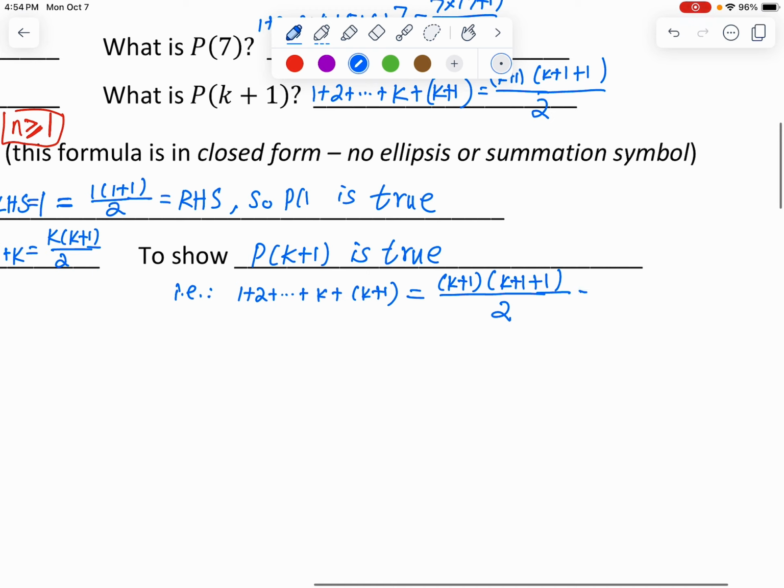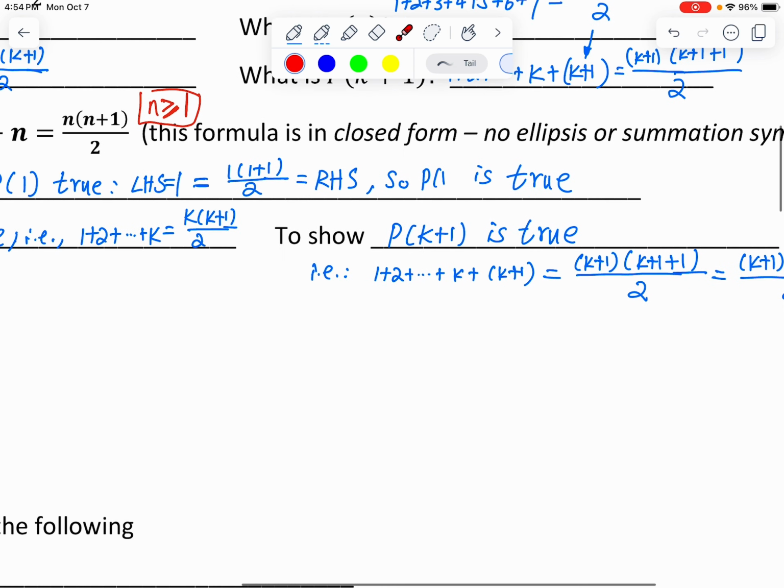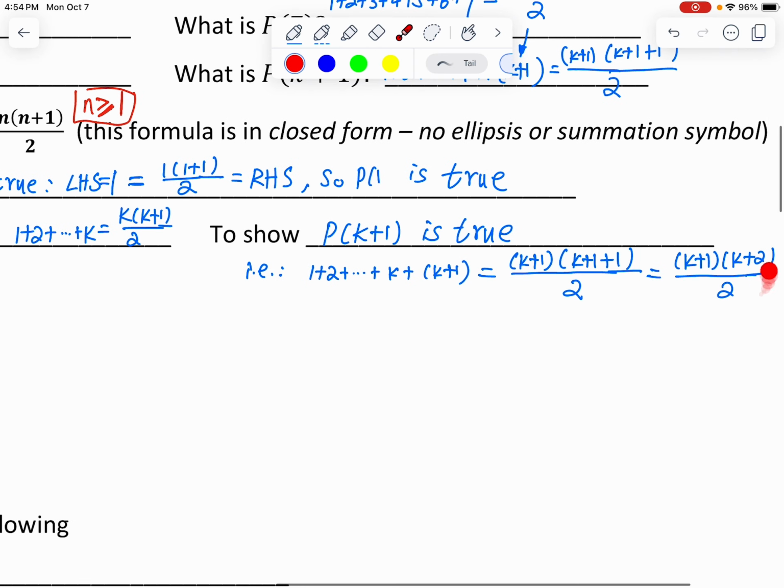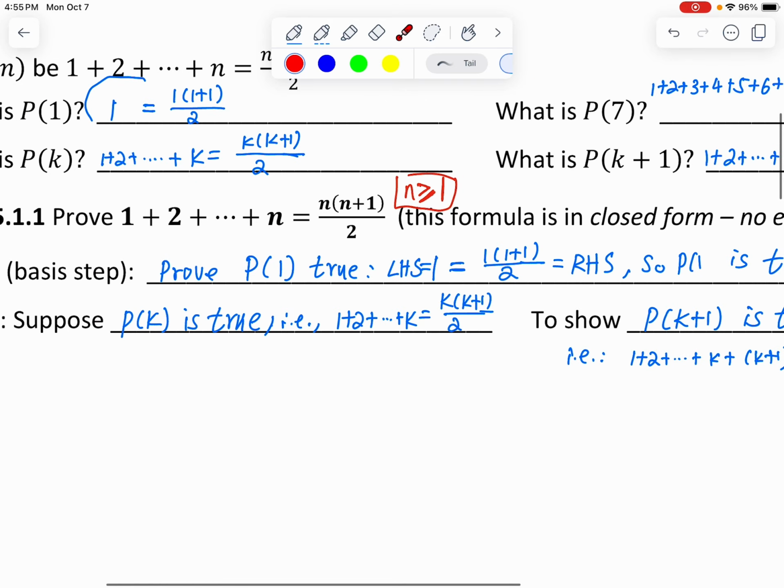And if you simplify this a little, it says k plus 1 times k plus 2 divided by 2, because 1 plus 1 is equal to 2. So that's basically what we want to show. After we assume this is true, we want to show that this is equal to that. If we successfully show these results, then we can conclude that this formula is true for all n.